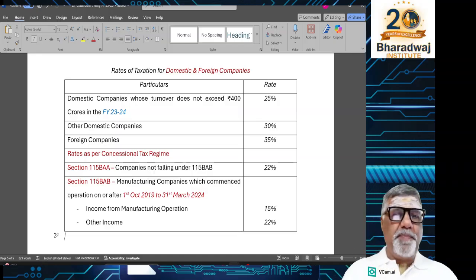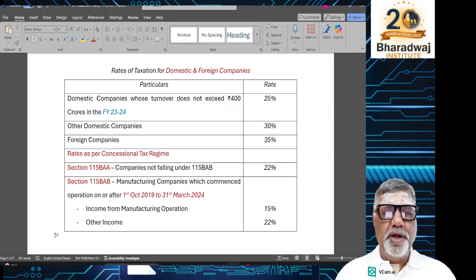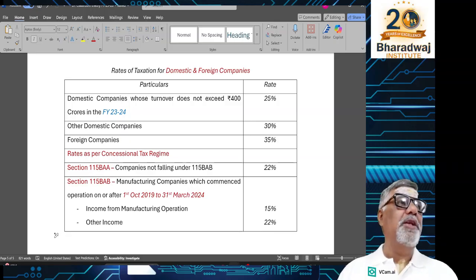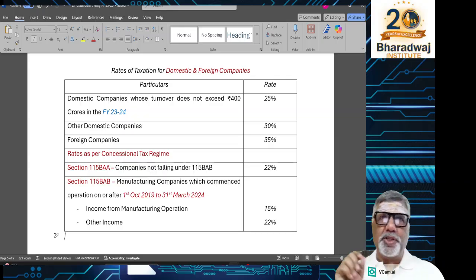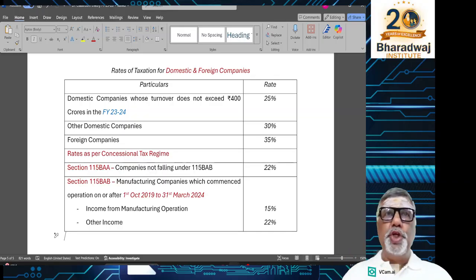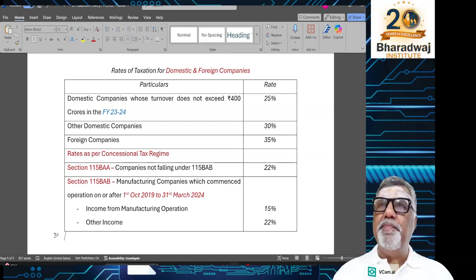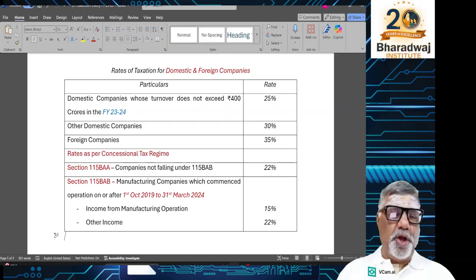So, as per the concessional tax regime, now the rate you can say is 22%. Only if it is a company, because that was the time our Prime Minister was promoting more of Make in India. So only for a period of 5 years or 4.5 years, starting from 1st October 2019 to 31st March 2024, we had this unique rate of 15% only for manufacturing operations.